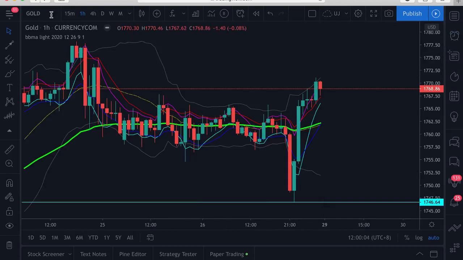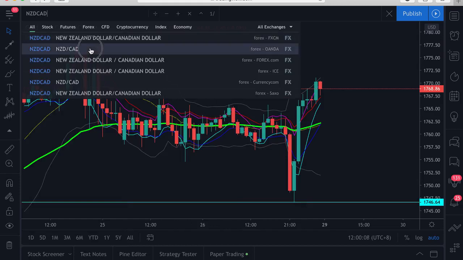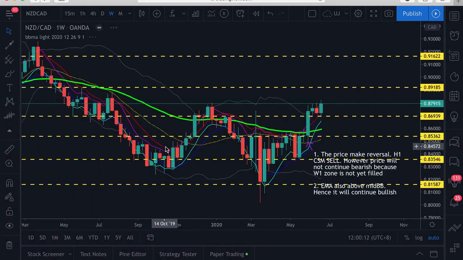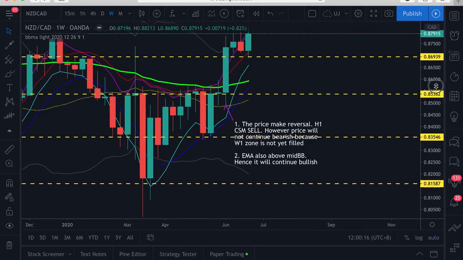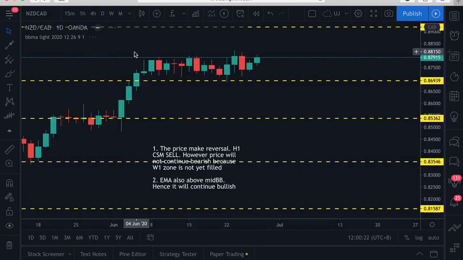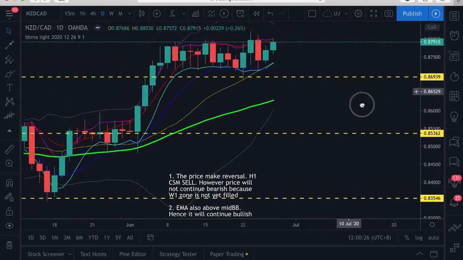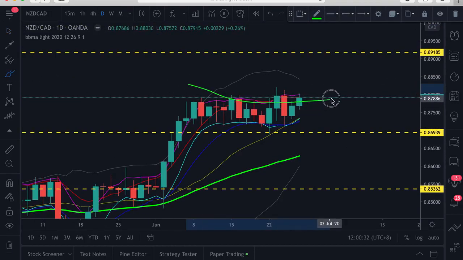Okay, last pair that we're going to look at this week is NZD/CAD. For NZD/CAD, from the weekly time frame, we can see price is currently at the re-entry sell zone. And then if we zoom in to D1, we can see price is making a MHV sell. Okay, it's a range here.